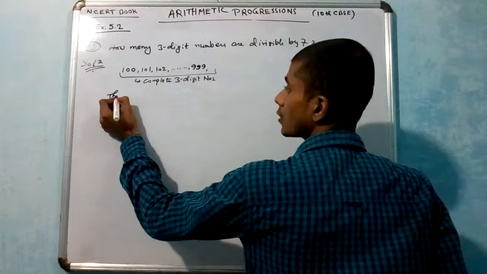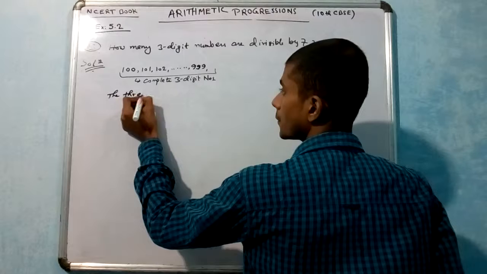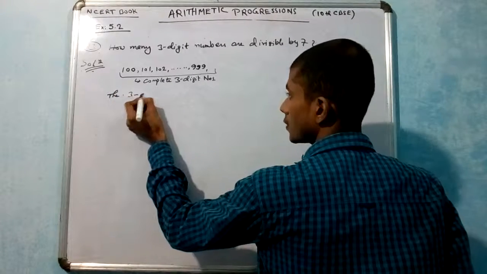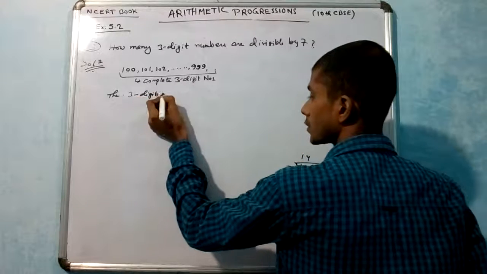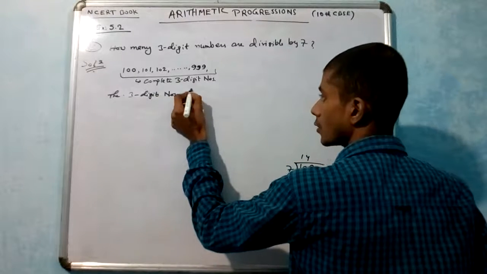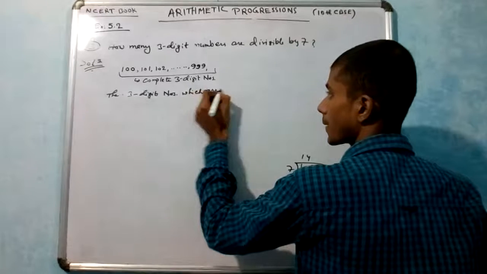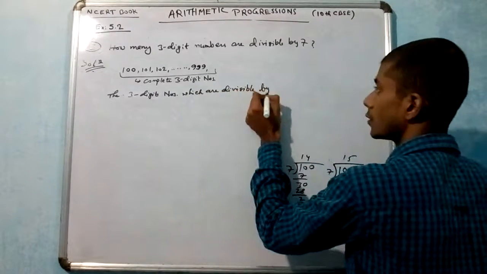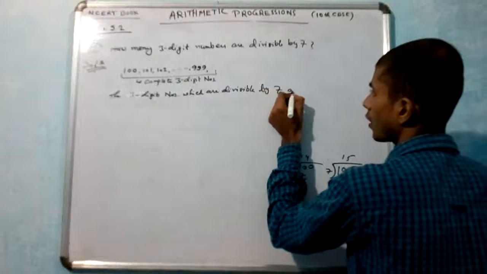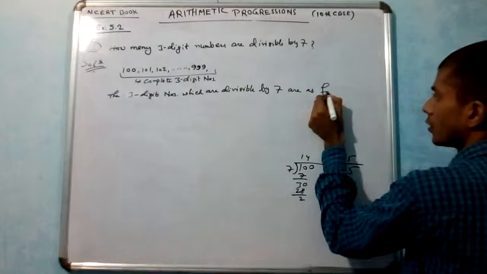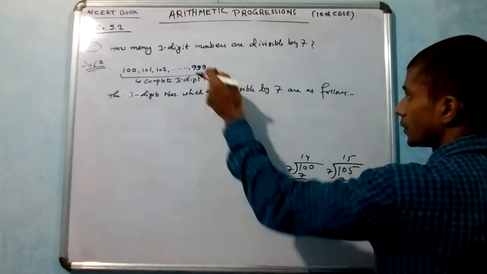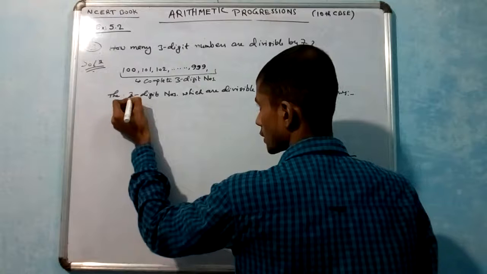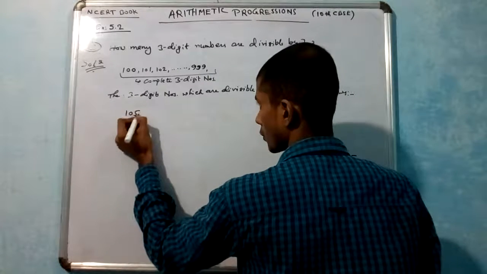So the 3-digit numbers which are divisible by 7 are as follows, okay. We have to check from the complete 3-digit numbers those which are divisible by 7. So the first one is 105, okay.